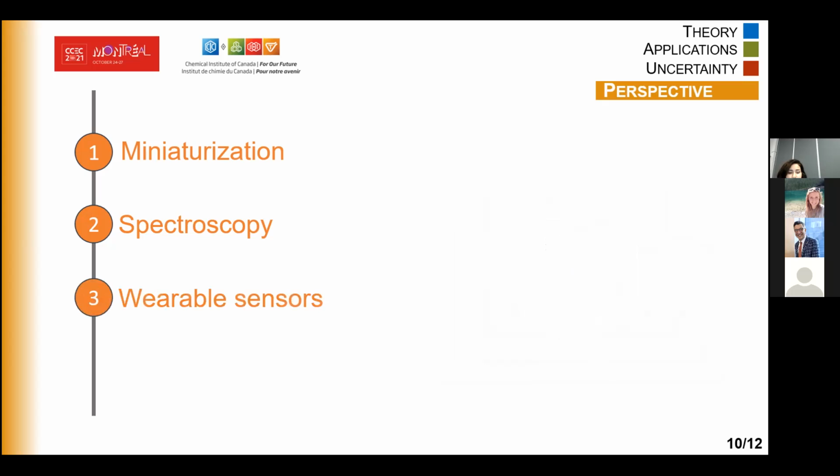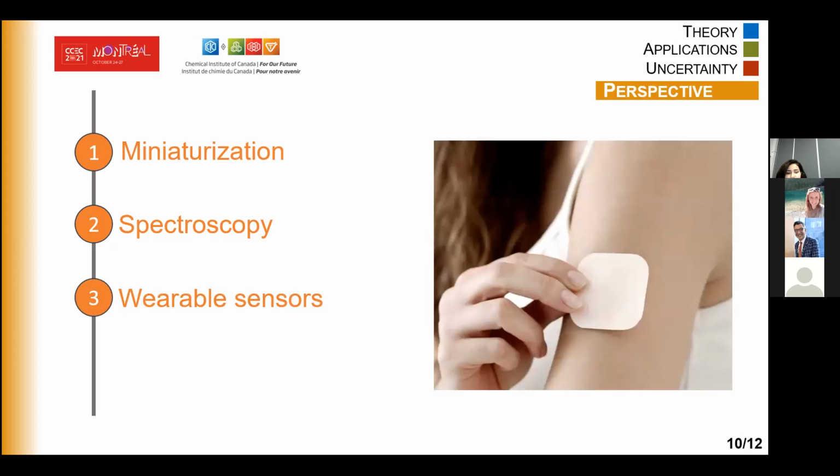And there are wearable sensors. These sensors are rapidly growing in markets, and they are used for online monitoring of health and body activities, and it is necessary to develop wearable sensors to measure the pH of sweat, for example.